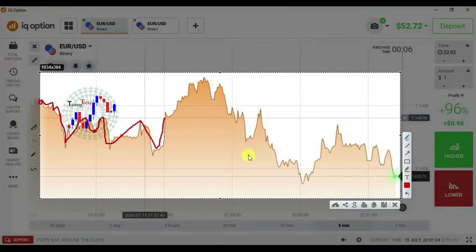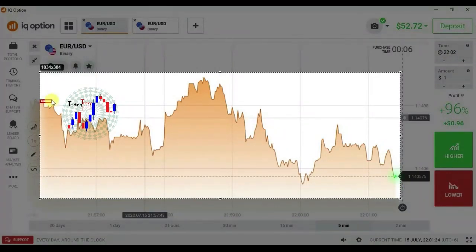So let me convert this graph into candlesticks. Let me first draw it as a 1 minute candle. This is the opening price. Just move your mind here, something like this. So this is the closing price.